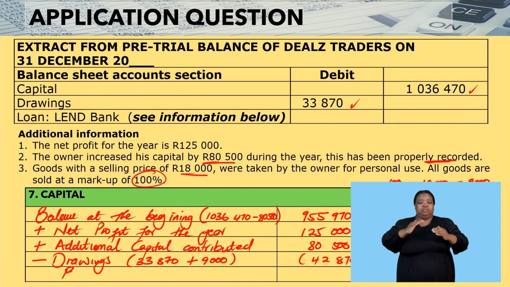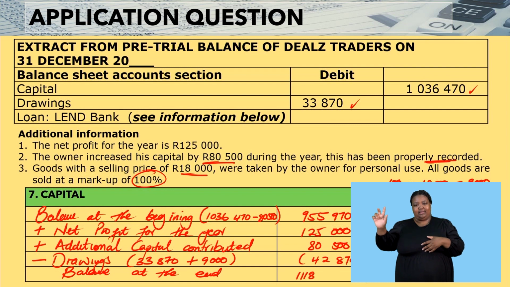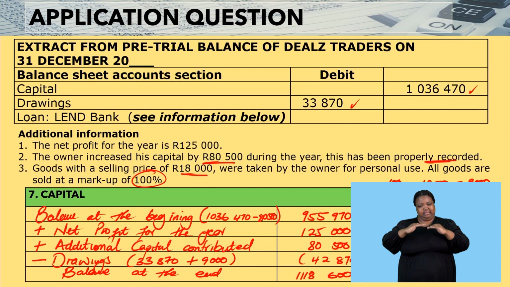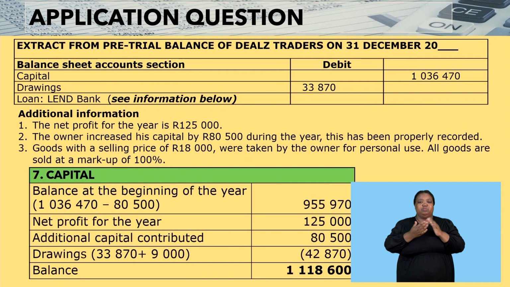Therefore, my balance at the end becomes 1,118,600. That becomes the balance at the end. There it is.